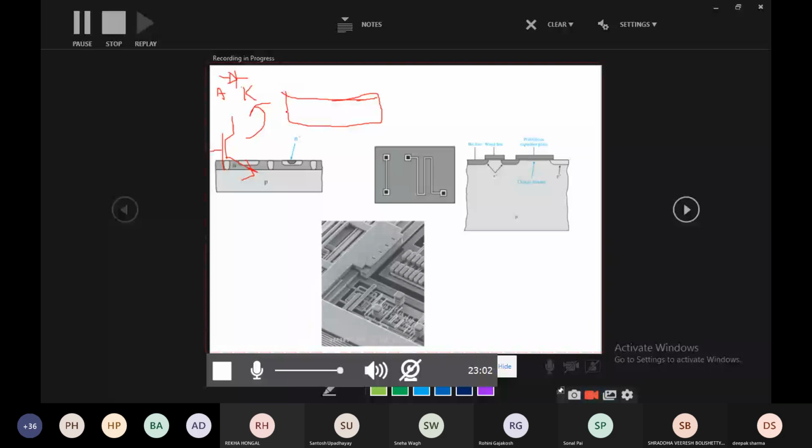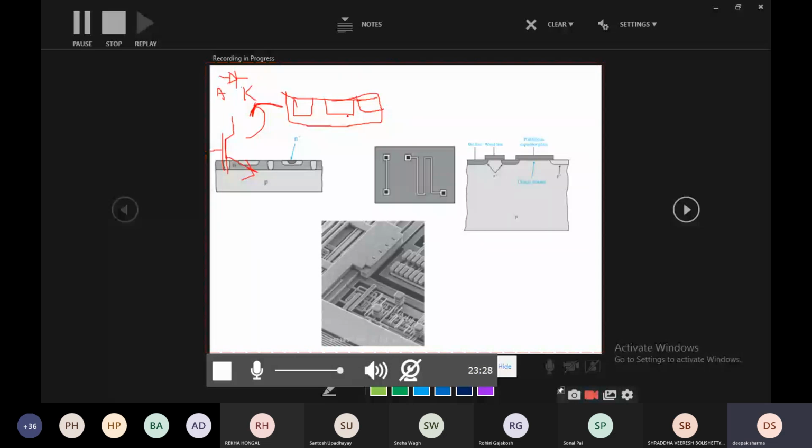Because anyhow we will be fabricating transistors on the chip, right? There are so many billions of transistors, and one of the transistors can be used as a diode. If I make some modification in the transistor so that it gets the characteristics of a diode, it behaves like a diode, then our job is done, right? So for that, what do we have to do?